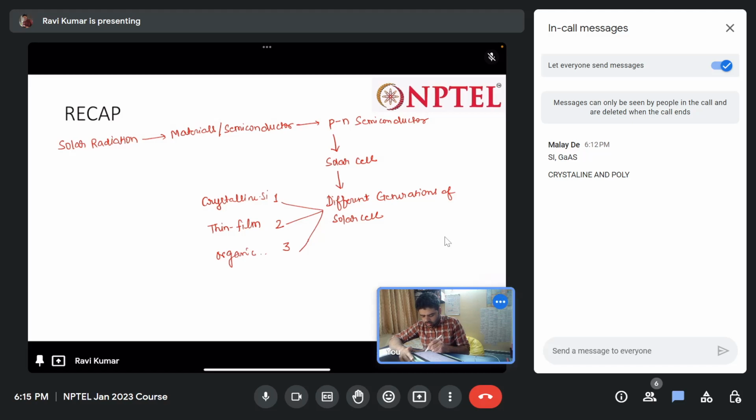I just want to tell you, if this is a solar module and the cells are like this, somewhat rounded in shape, and another module is like this, perfect square rectangle.